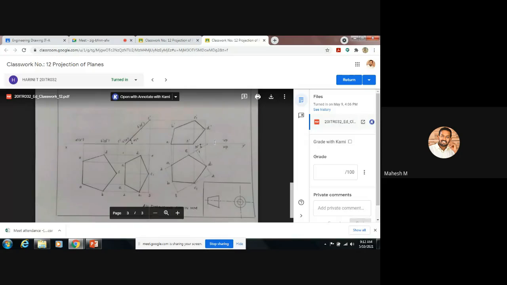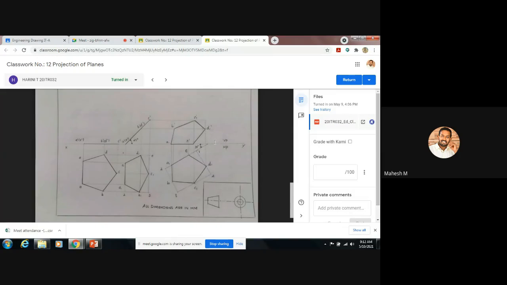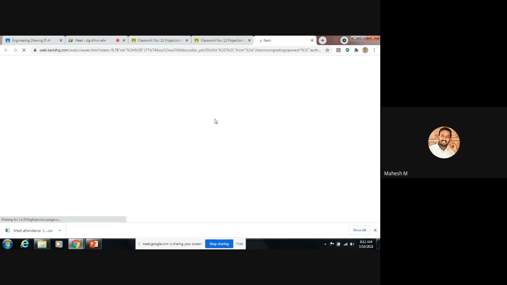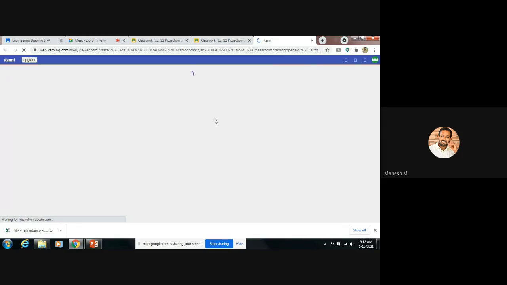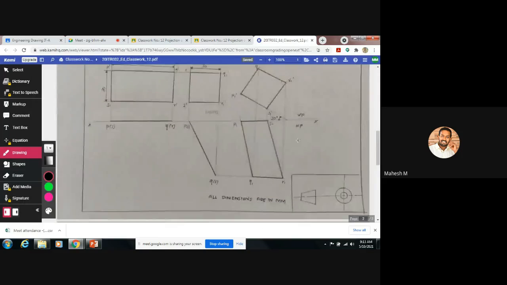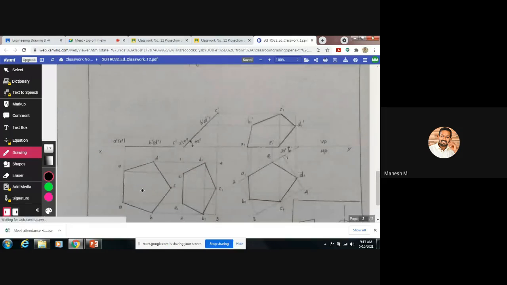And the next one. So by looking at this diagram, it looks like a correct one, but please have a deep look, there is a problem. So the first diagram is right, and the second one is right.